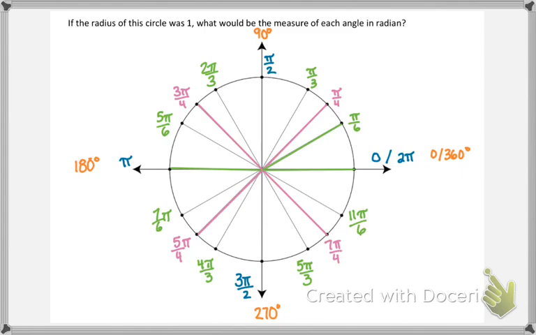So that's dividing the circle into a sixth of a pi. So the best way to think about how to figure out the measure of an angle in radians is to know that pi radians is 180 degrees and how much of that pi you're going to get.